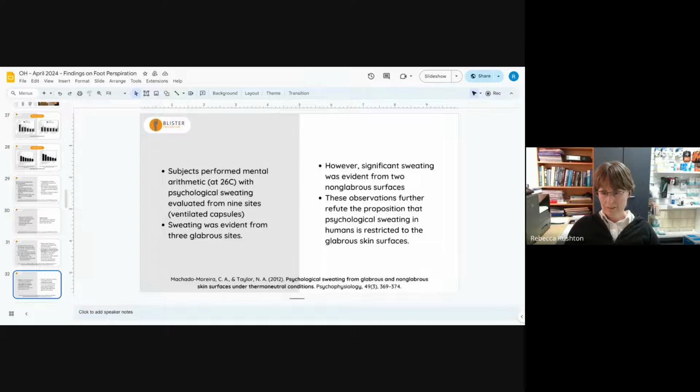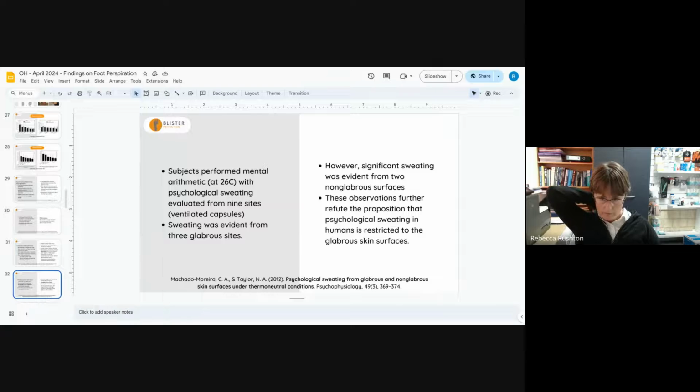So there is thought that the plantar surface is the area that sweats when there is psychological load. So psychological sweating from the plantar surface and the palmar surface, but not the other surfaces. But this suggests that it's actually both.